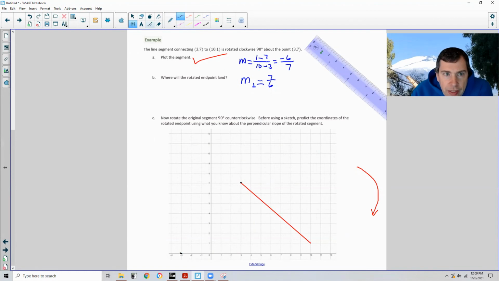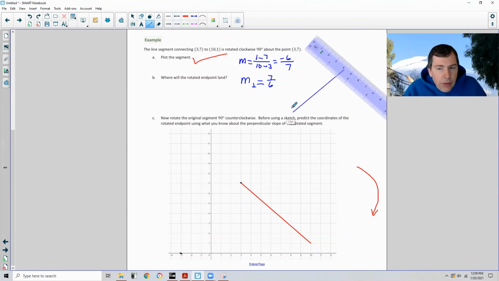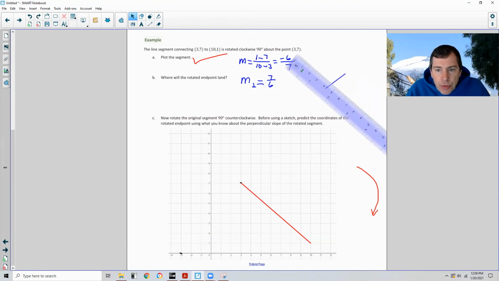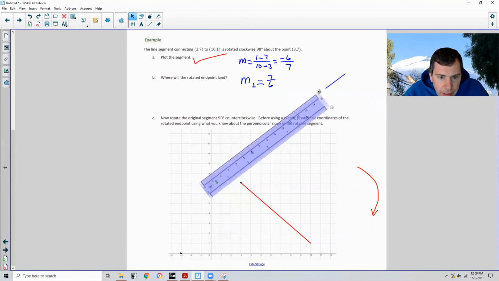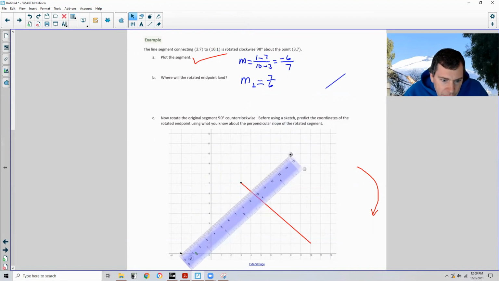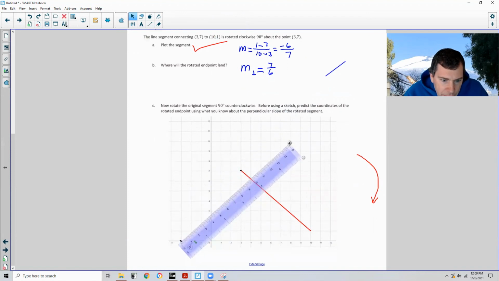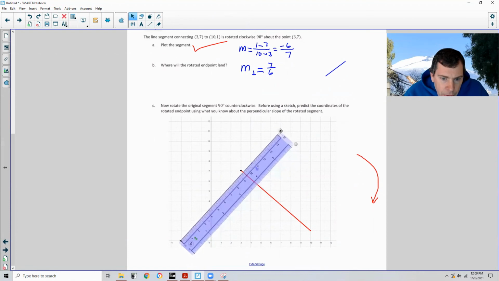So if I draw a segment from there, I'll get my ruler, and rotate it, and draw a segment from -3, 0 up to that point 3, 7.